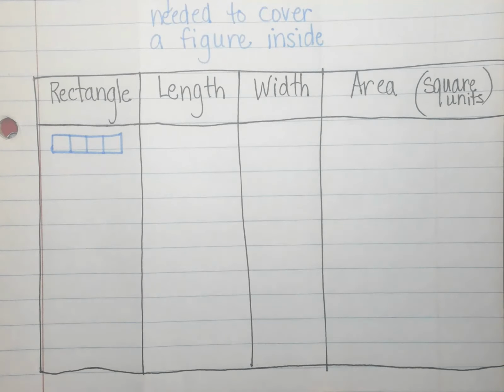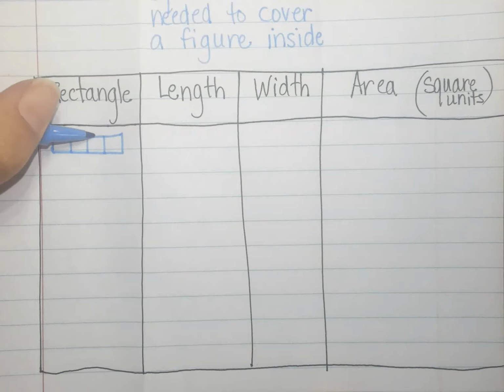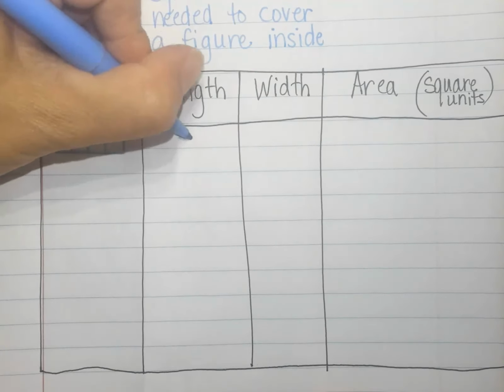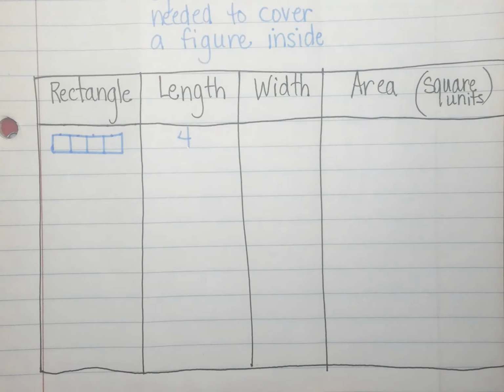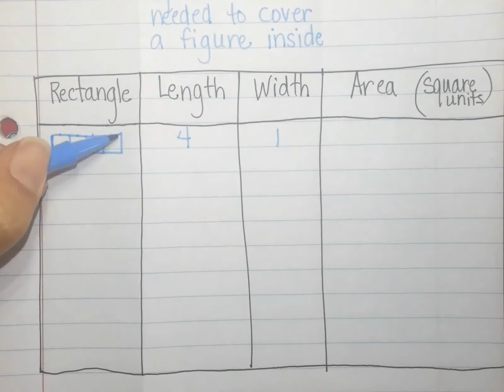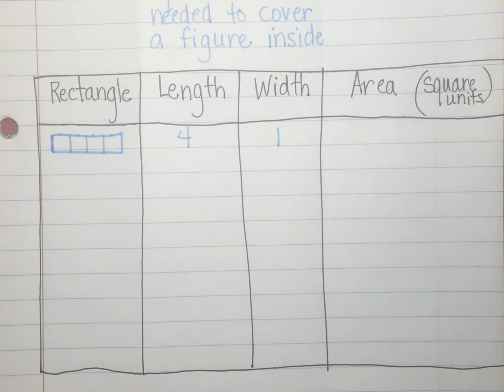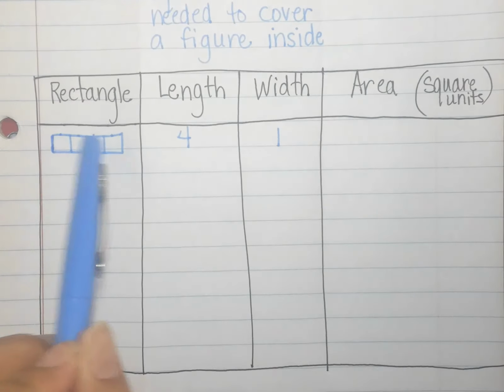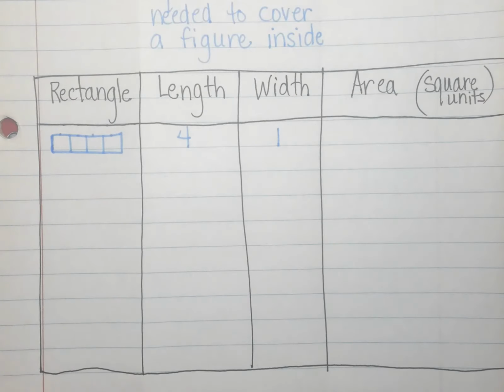All right. So I have 4 is my length. 1, because it's only 1 long, is the width. And the area is the inside. And I know you know the answer.